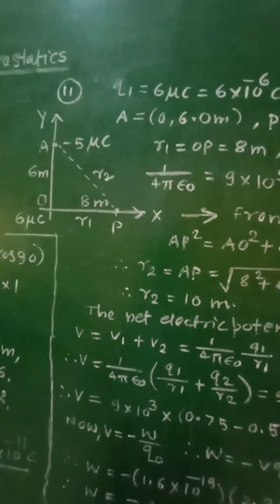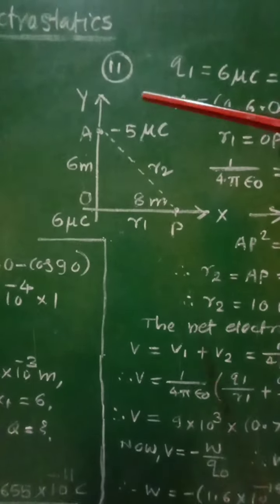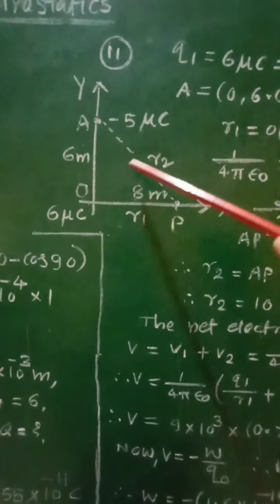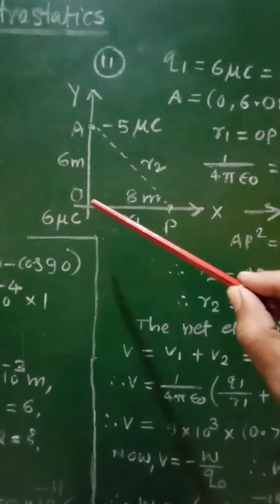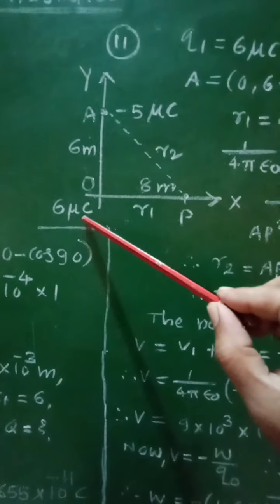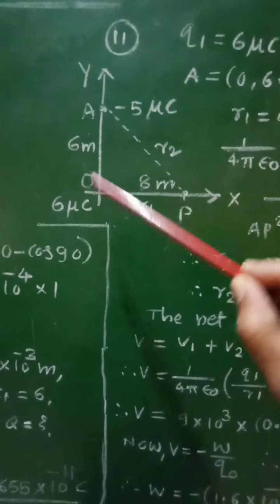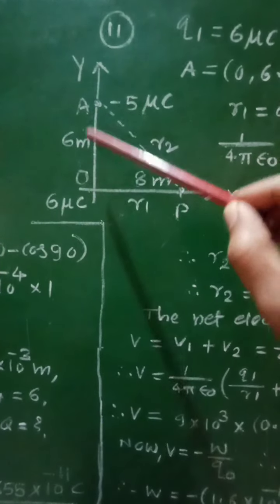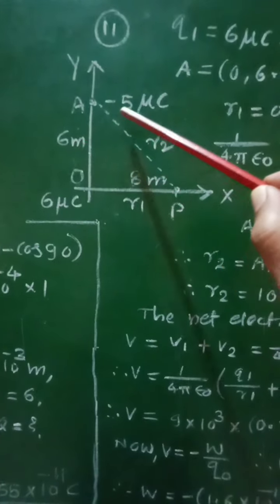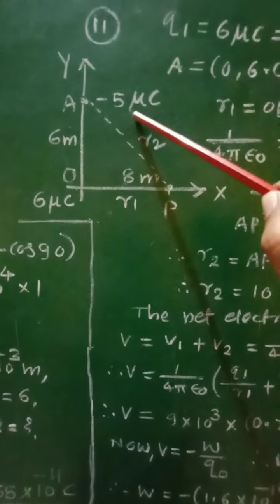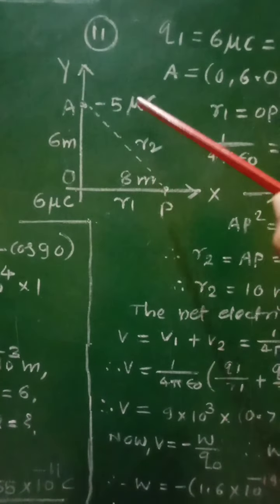So for this 11th numerical, a diagram is given. At origin O, a 6 microcoulomb charge is placed. Then at point A, at a distance equal to 6 meter, the second charge minus 5 microcoulomb is placed.